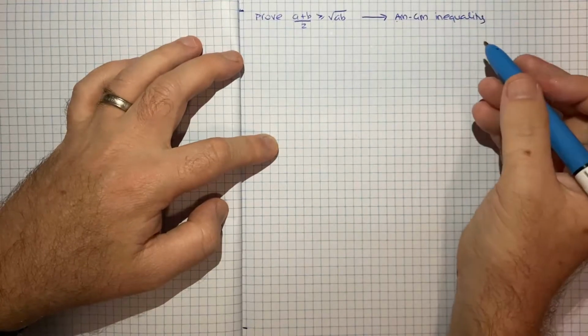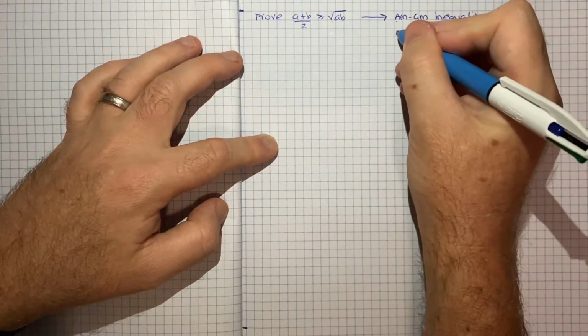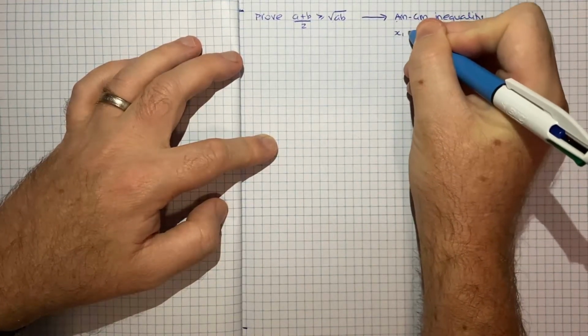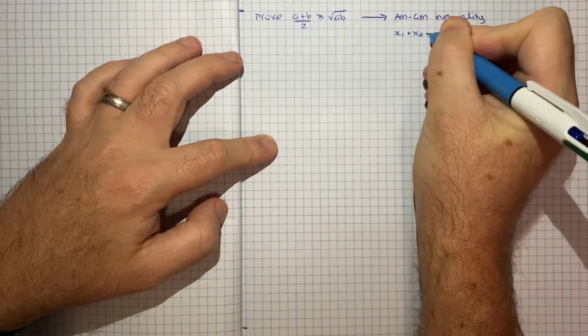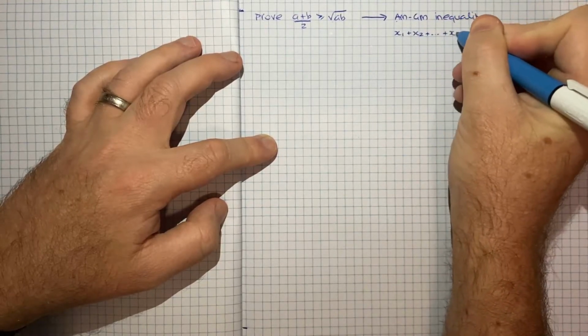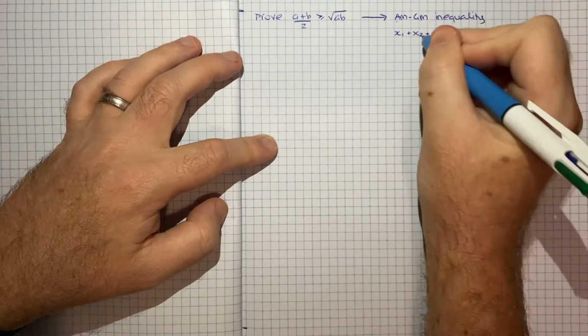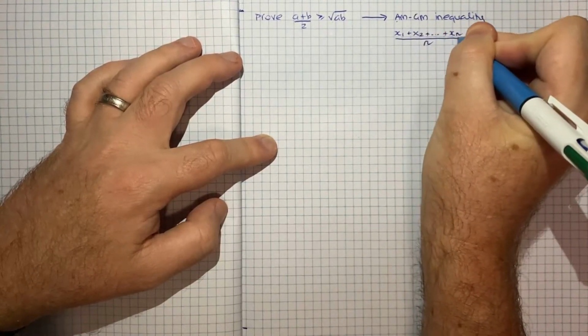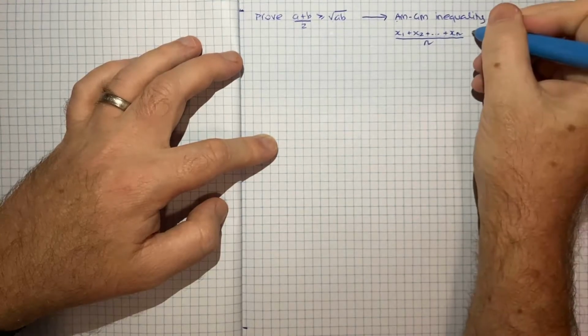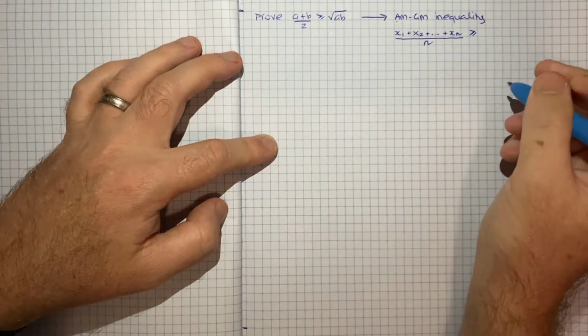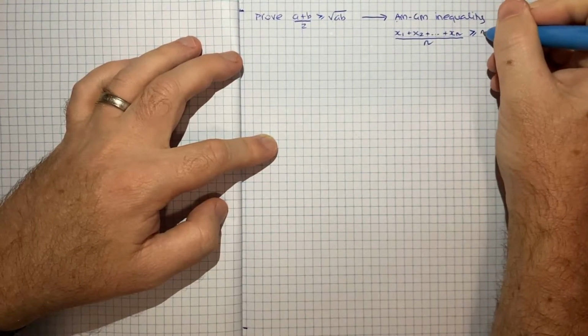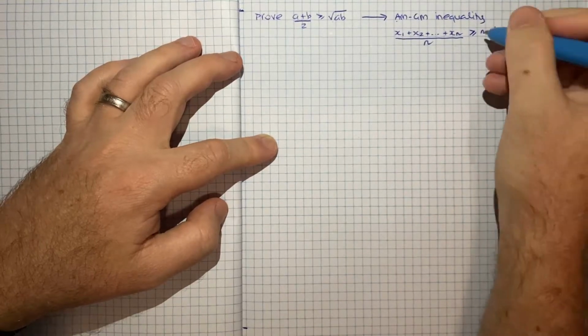According to that inequality, in general, if you took n numbers, so here I'll write x1 plus x2 all the way up to xn, and if you add them up and divide by n, in other words, you take their arithmetic mean, that will always be greater than or equal to the nth root of multiplying them.